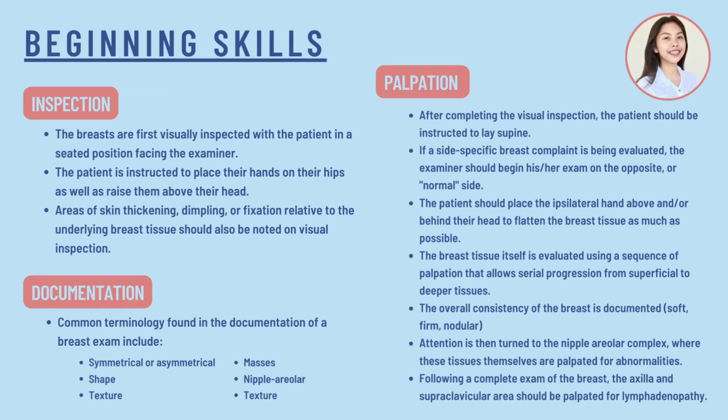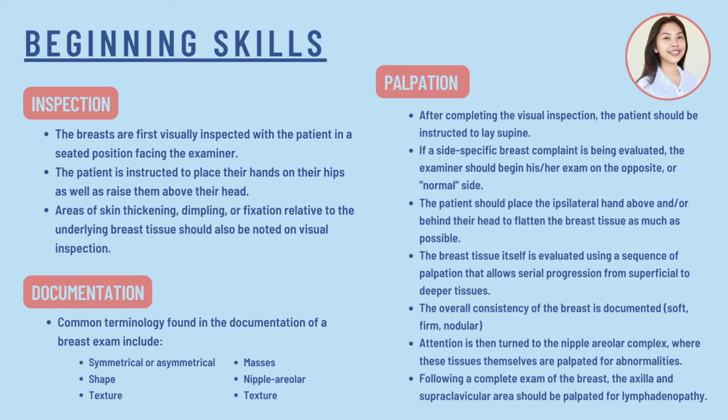Variations in any of these should be noted concerning previous exams, as well as in comparison to the contralateral breast. Areas of skin thickening, dimpling, or fixation relative to the underlying breast tissue should also be noted on visual inspection. These can be exaggerated during movement as well as by asking the patient to flex the pectoral muscles with hands on the hips.